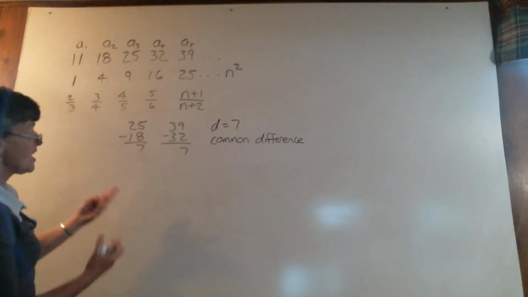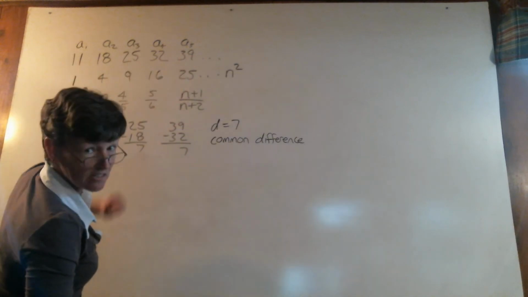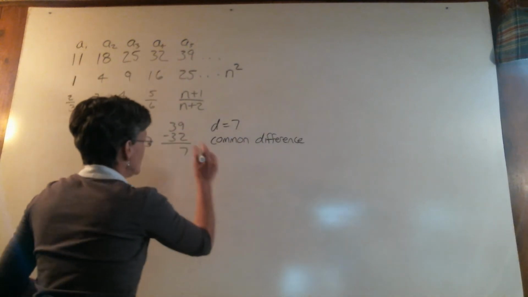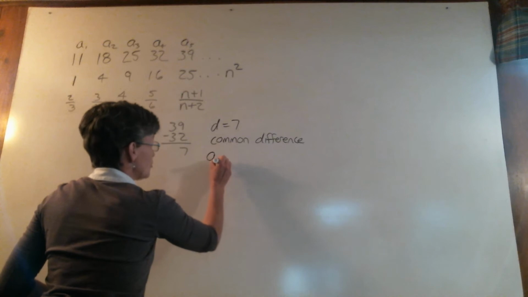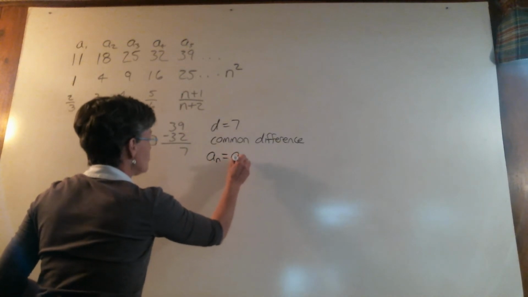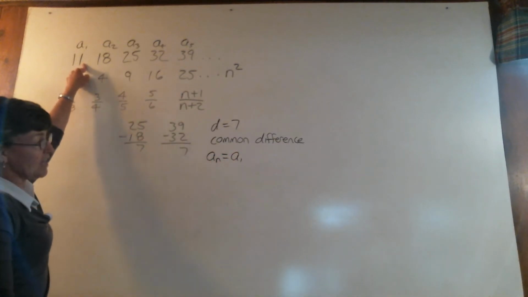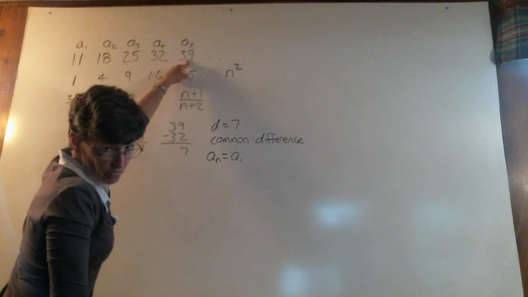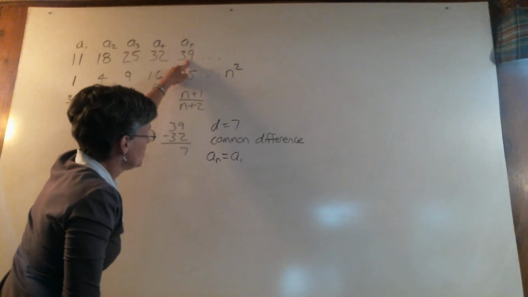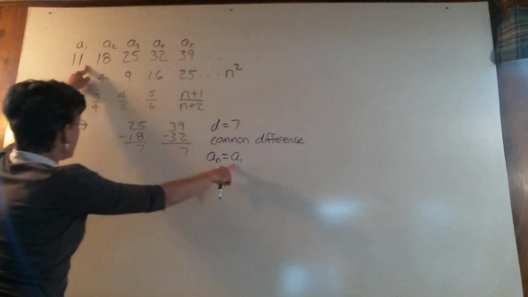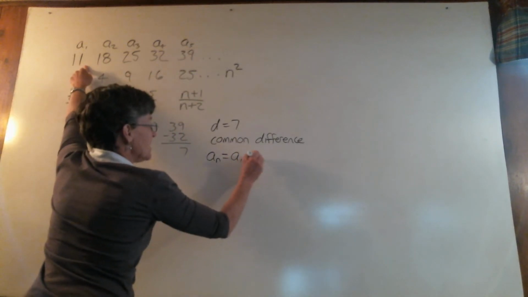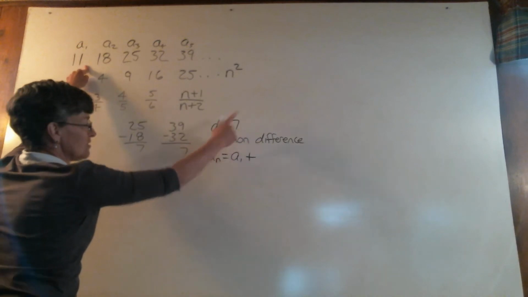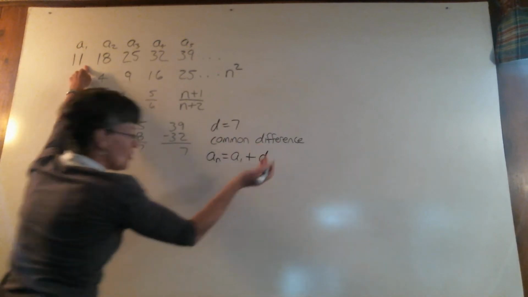If I want to write a pattern for the nth term of an arithmetic sequence, I would start with the first term, a sub 1, which in this case is 11. And let's say I wanted to write a formula that would give me 39 for the fifth term. Well, then I would start with 11 and I would add this common difference so many times.